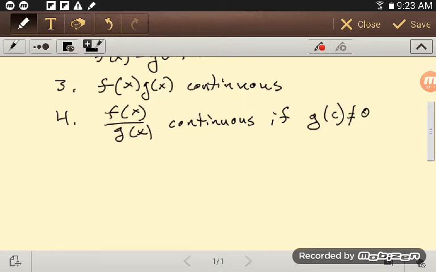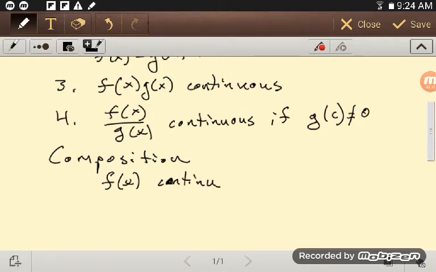And then now composition. In this case, so for composition, well, we do need f of x continuous at c, x equals c.